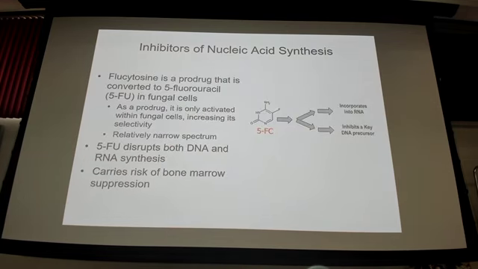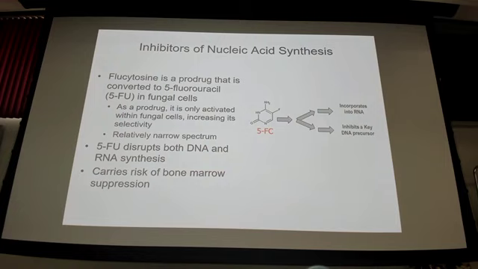With flucytosine, this is a really potent drug, or it can be a potent drug. It's specifically an antifungal and also a prodrug, so it has a safer profile, isn't activated until or unless it gets inside a fungal cell. When it is activated and in its active form, it'll disrupt both replication and transcription.